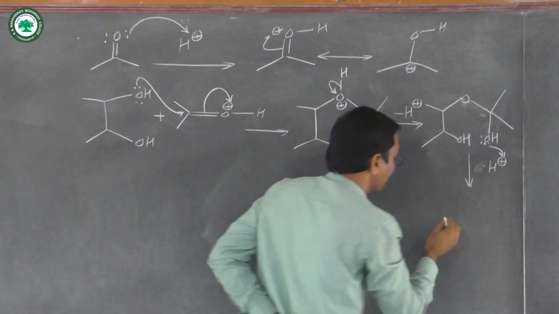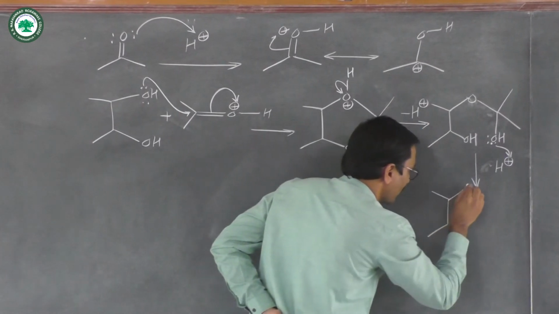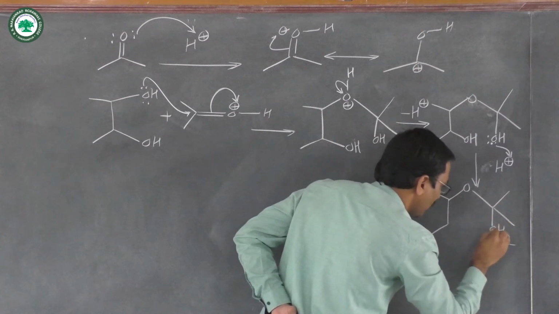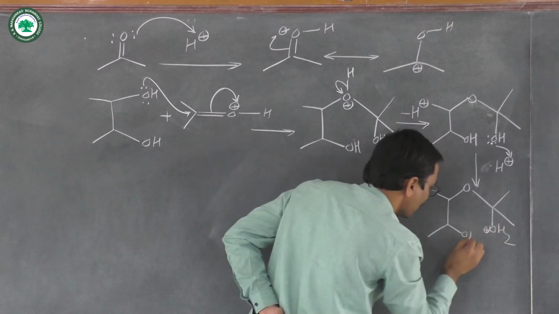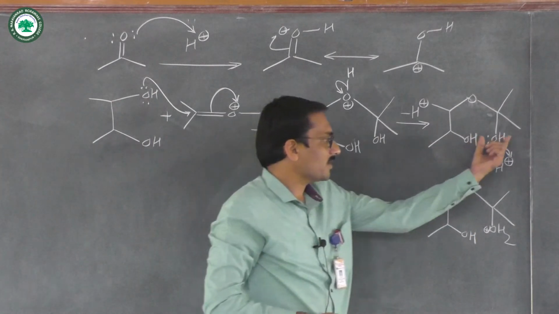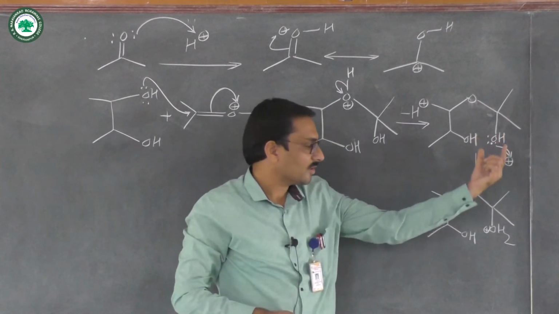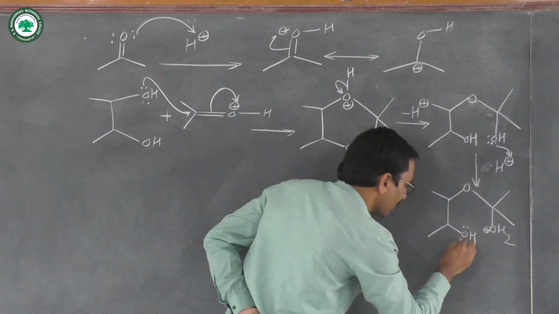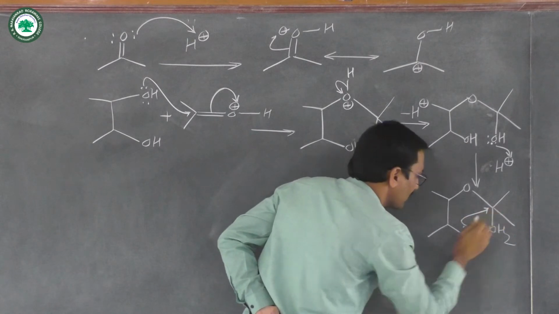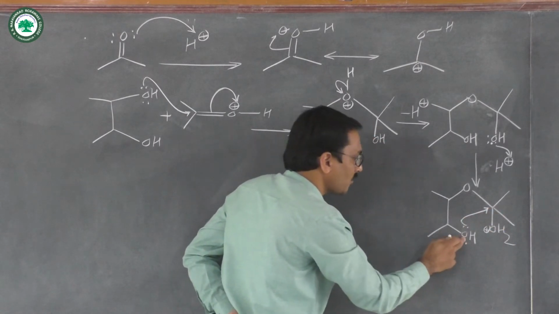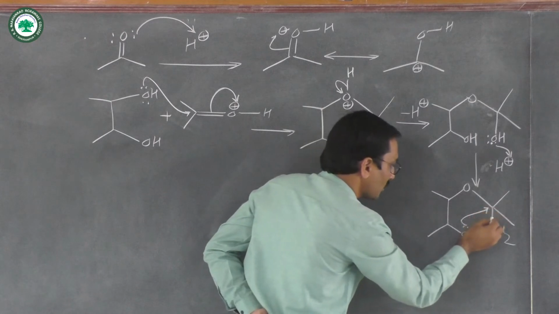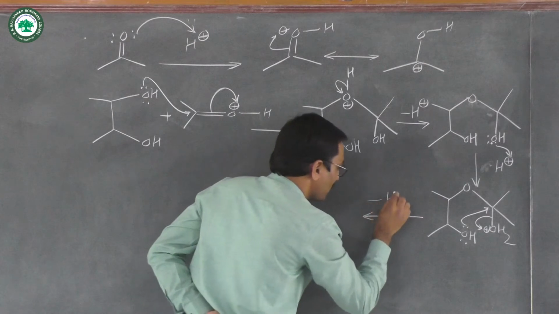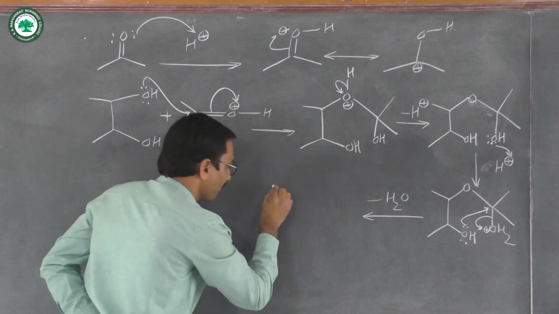In this way, we have oxygen, 2 methyl groups and OH2. Here OH is as it is. That OH is a bad leaving group, so it is converted into the corresponding OH2 as a good leaving group. In the next step, the lone pair of electrons on the second OH attacks this particular carbon, and there is loss of a water molecule.